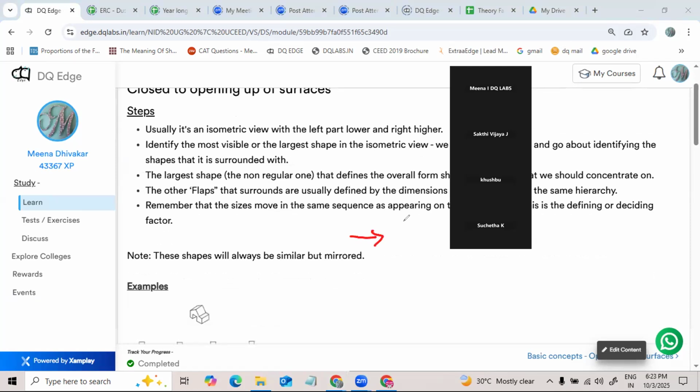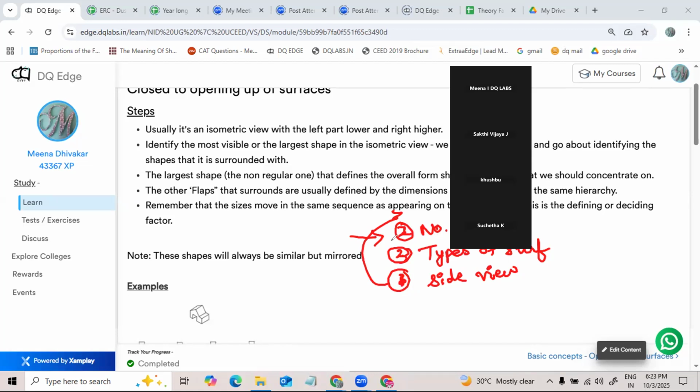One is the number of surfaces. Second, types of surfaces, that means different types of surfaces will be there. Then the third one, side view. In some cases, side view comes first and the number of surfaces will be second. So I'll rearrange this, making this 1 and this 3, or this 2.